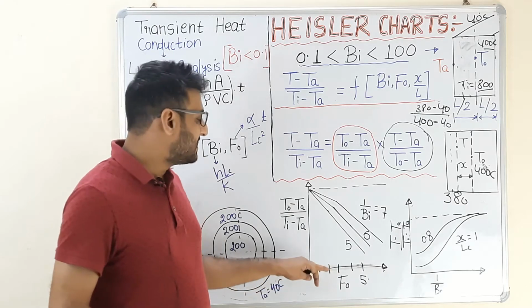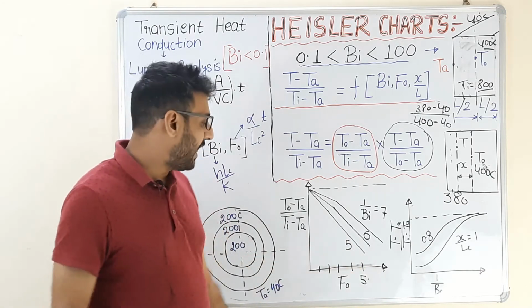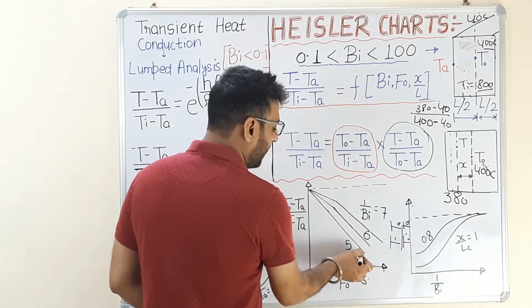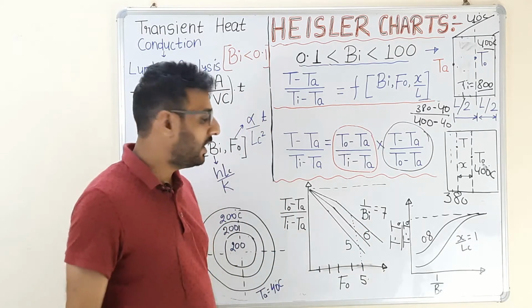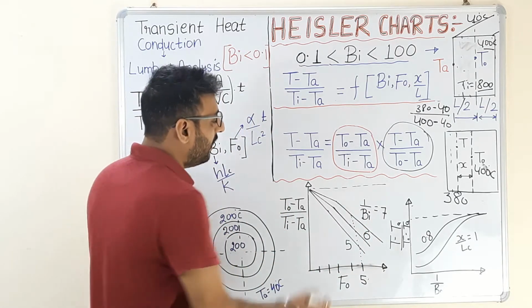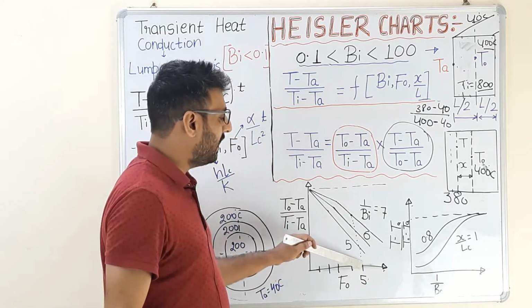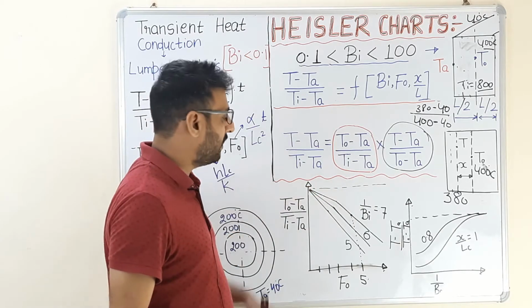Fourier number is given on the x-axis. Suppose for our problem the value of the Fourier number is 5. So we will draw a vertical line according to the value of the Fourier number and we will locate the point where this vertical line intersects the line of 1 upon Biot number.